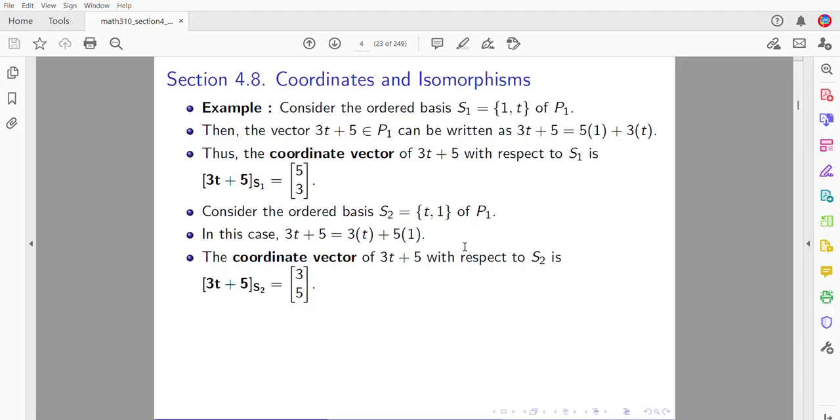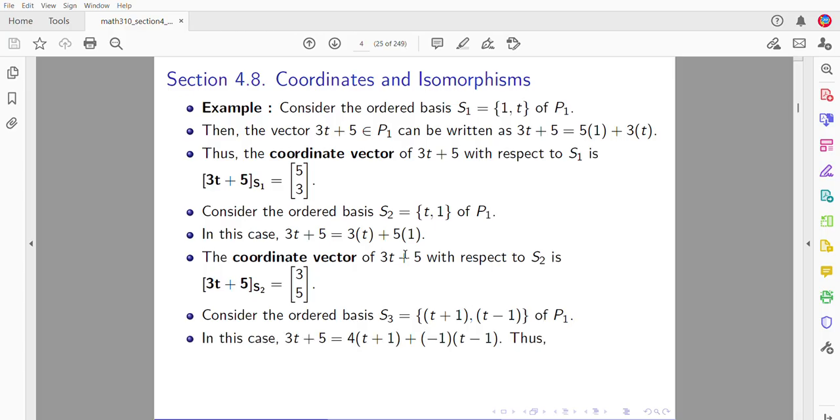Well, what if you have an entirely different basis? S3 is the basis of P1 consisting of two vectors, t plus 1 and t minus 1. You may check that this is indeed a basis. Now write the same 3t plus 5 as a linear combination of these two vectors.